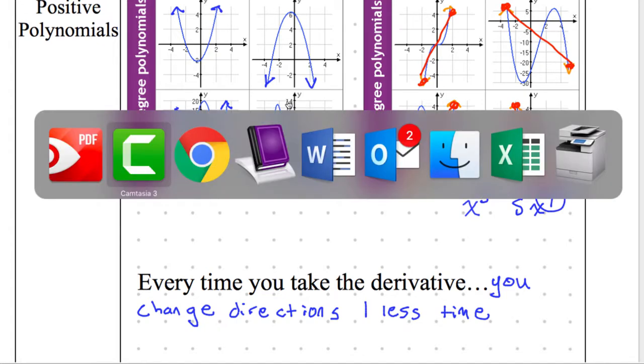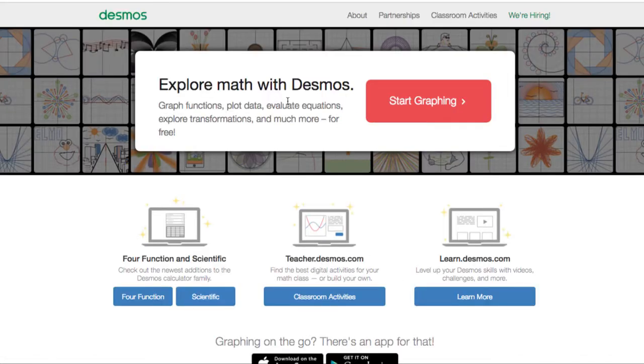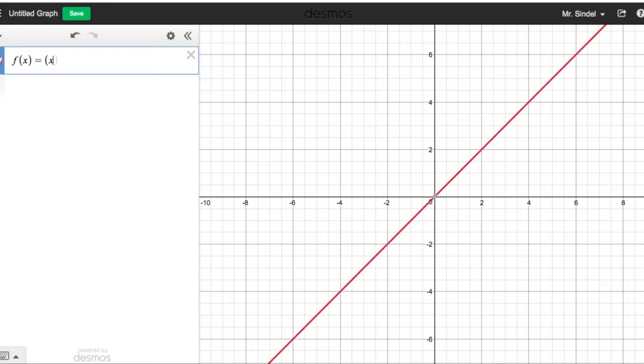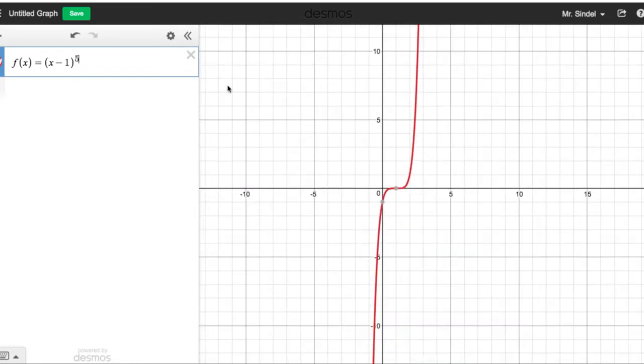And I can even show you with Desmos to do a little bit more of a simplified version. Start graphing. I want my mouse back. If I have f of x is equal to something like crazy (x minus 1) to the power of 5 or something like that, and I zoom, that's probably a bad example.